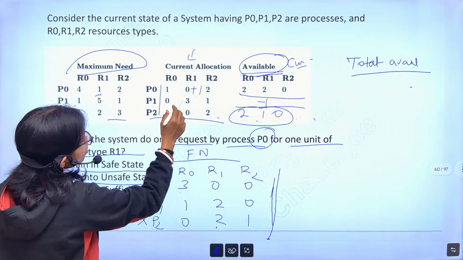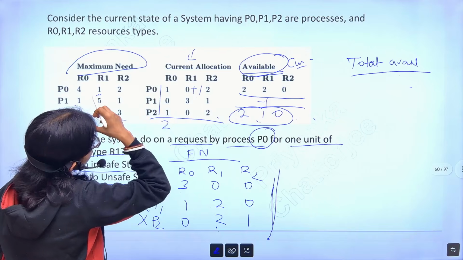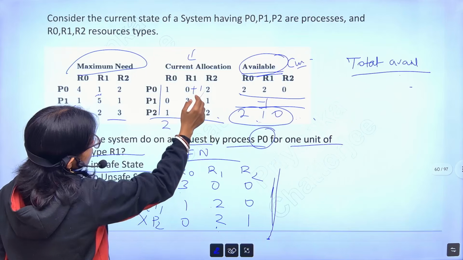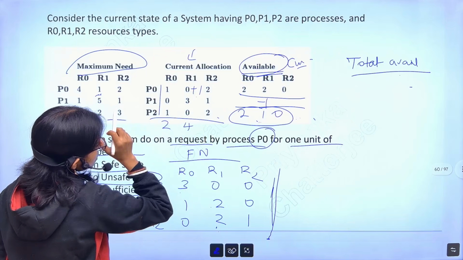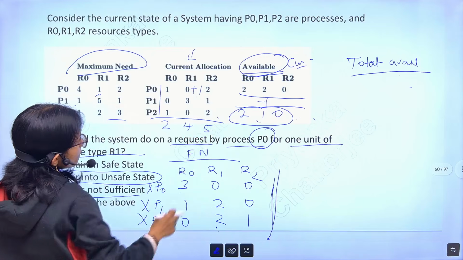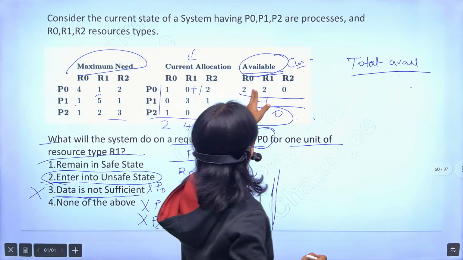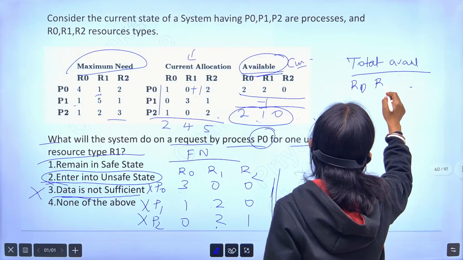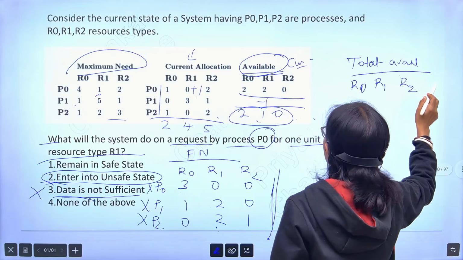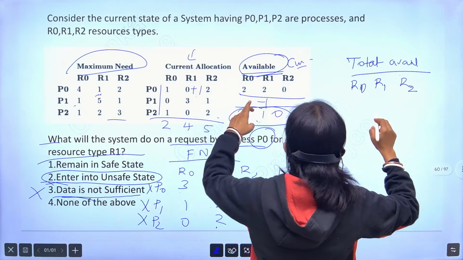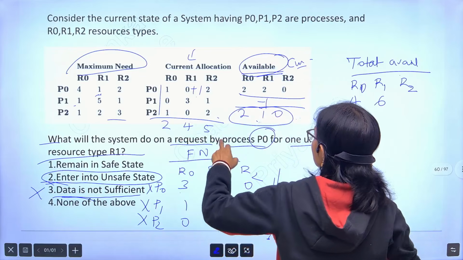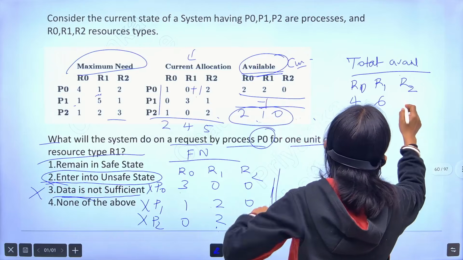Here you have 2, here you have 1 plus 3, 4, 2 plus 1 plus 2, 5, and here you have 2 plus 2. So here total availability in this case will be, if they are giving it like that, 2 plus 2, 4, 4 plus 2, 6, 5 plus 0, 5.